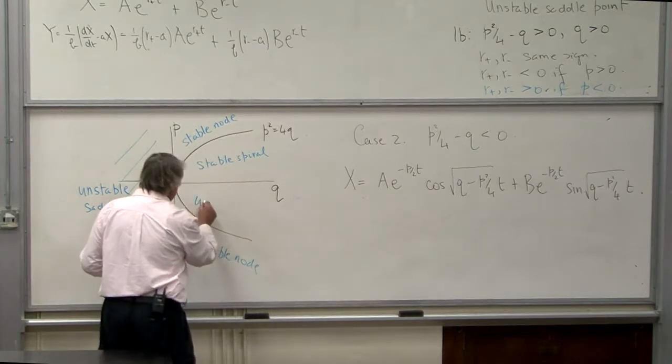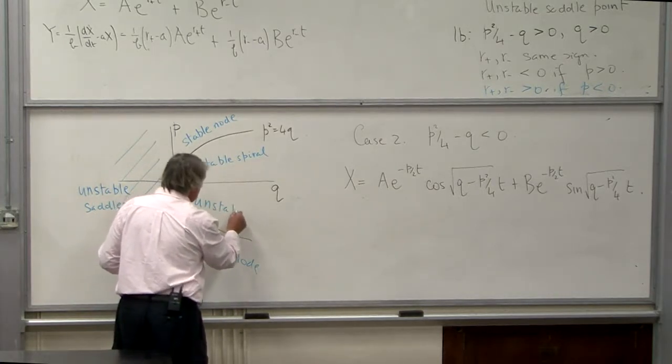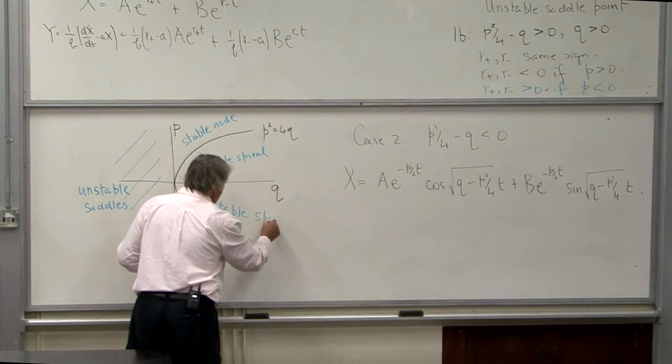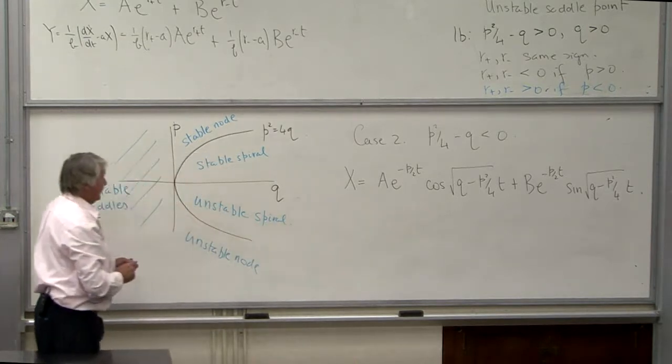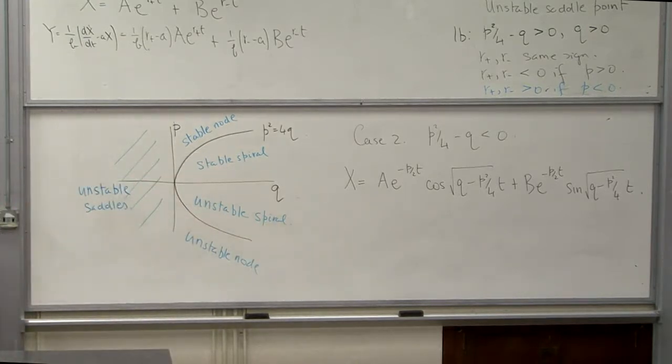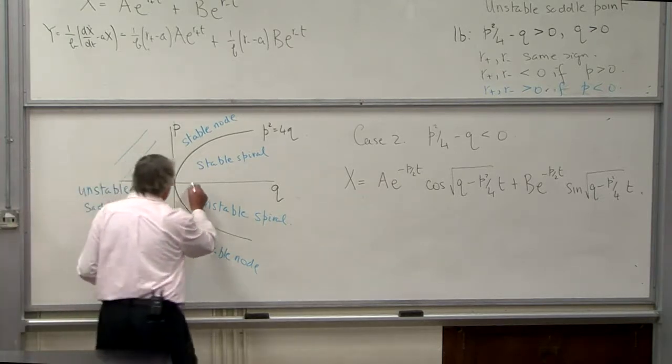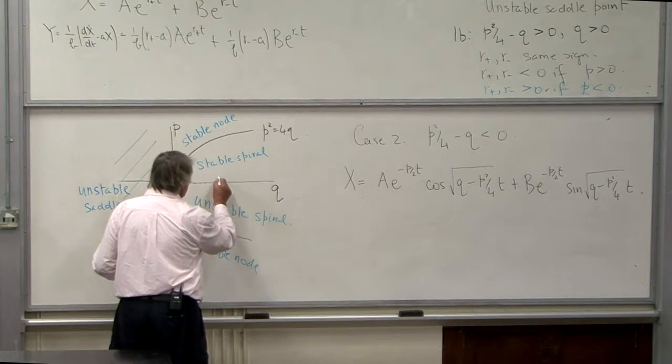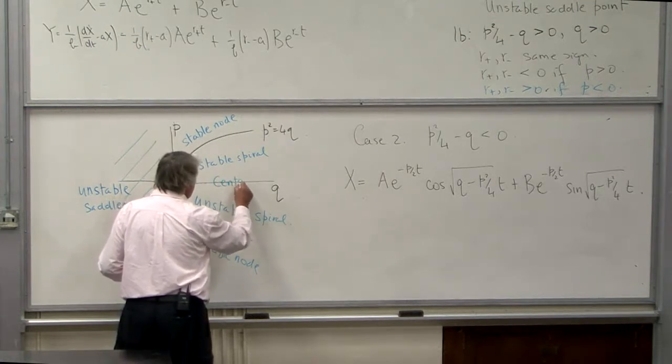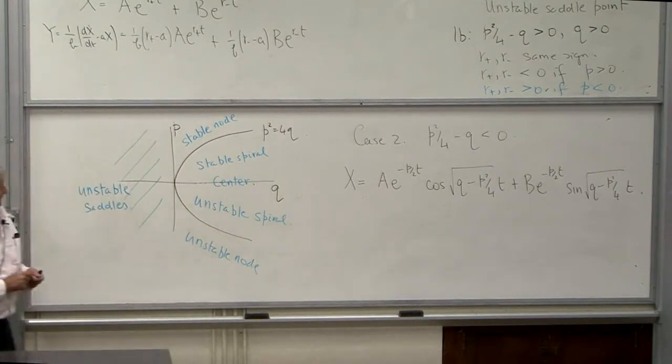And this is an unstable spiral if p is negative. If p is 0, right along here, we call this a center.